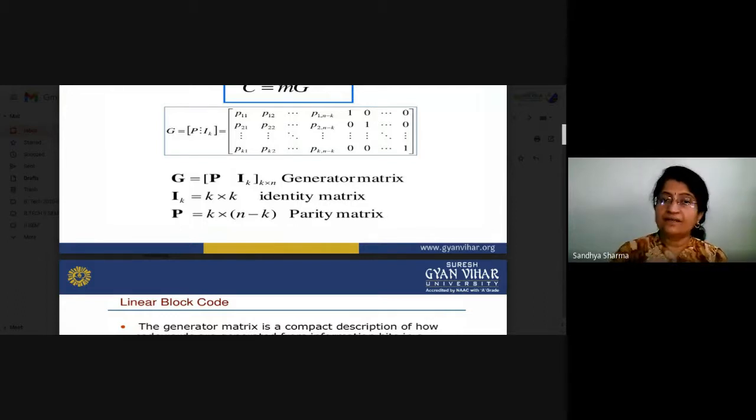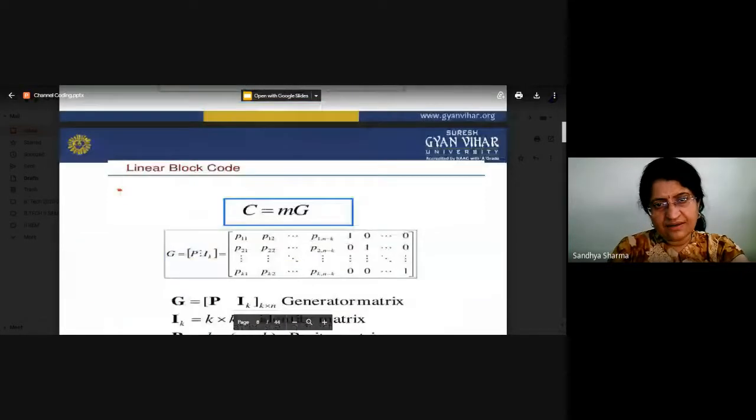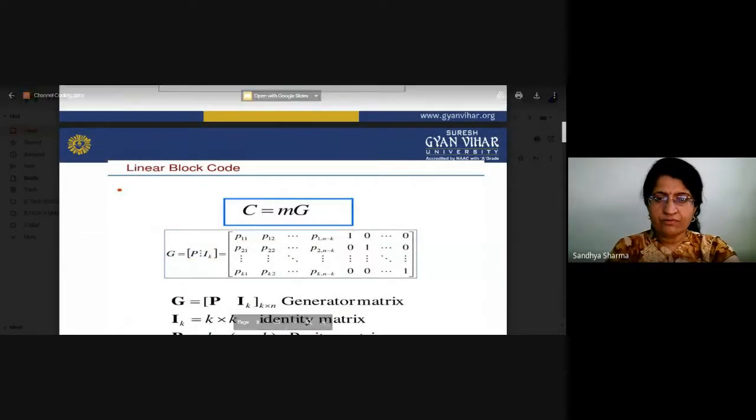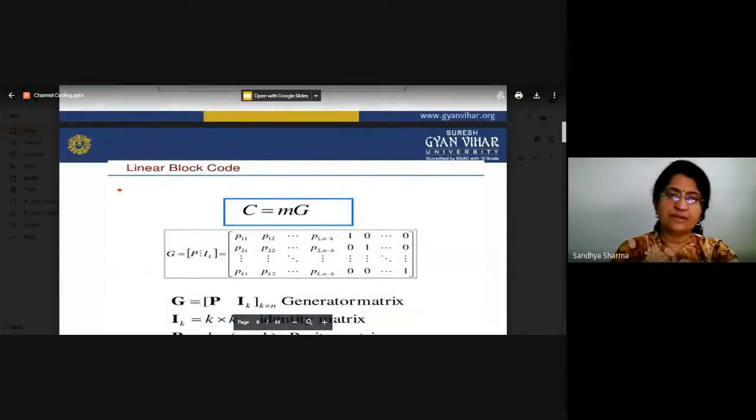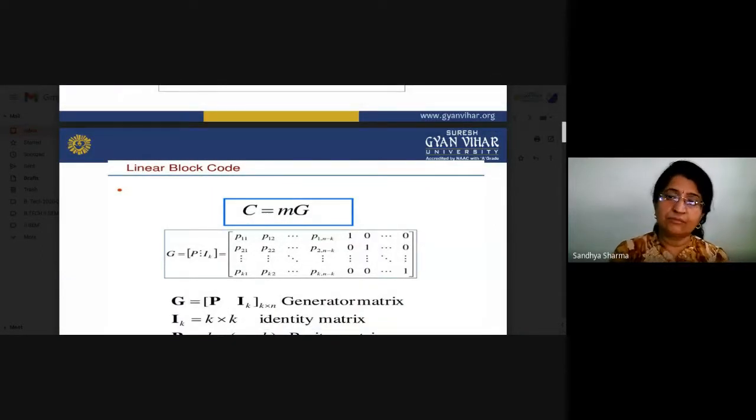The k into k part is called the identity matrix, and P is k into n minus k, the parity matrix. This is the general representation of our linear block code. After taking an example, we will explain in detail how linear block codes work.